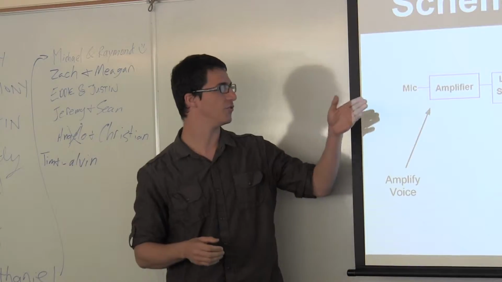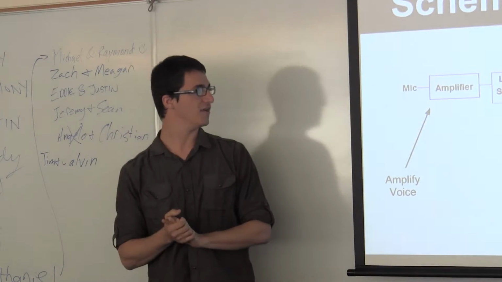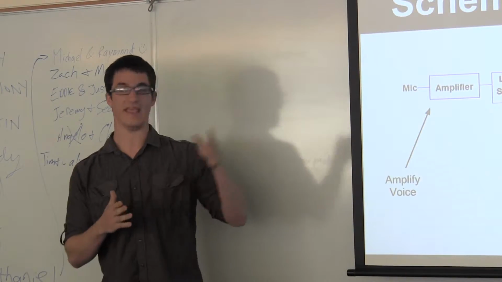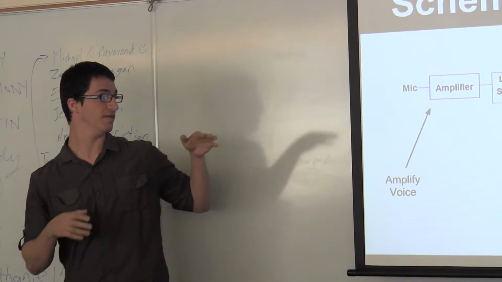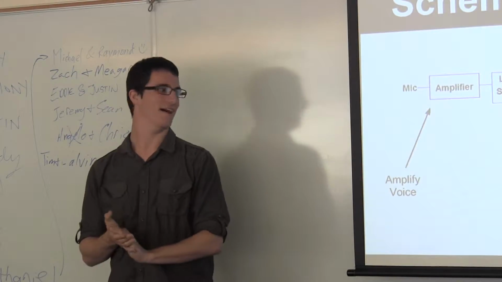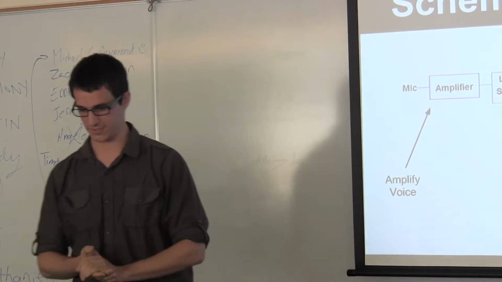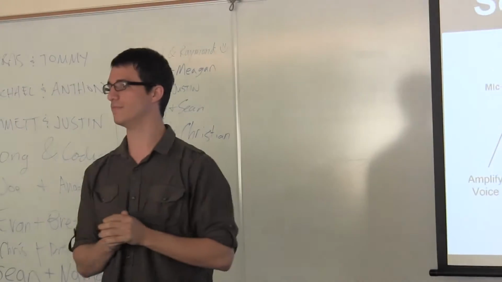And we fed that mic into an amplifier because the mic has a really low output voltage, and we had to shift the signal so the ADC can convert the signal to digital values. And then we sent that into the Arduino.